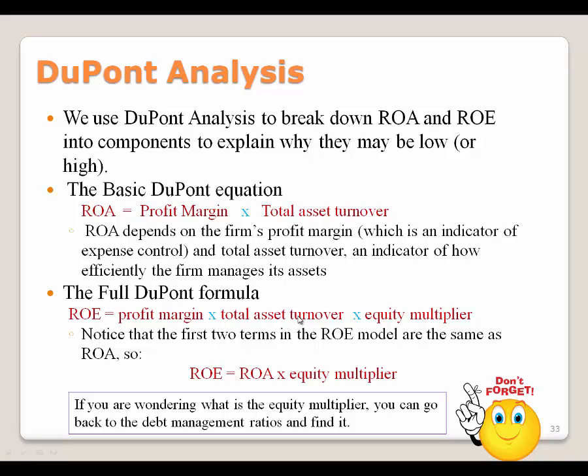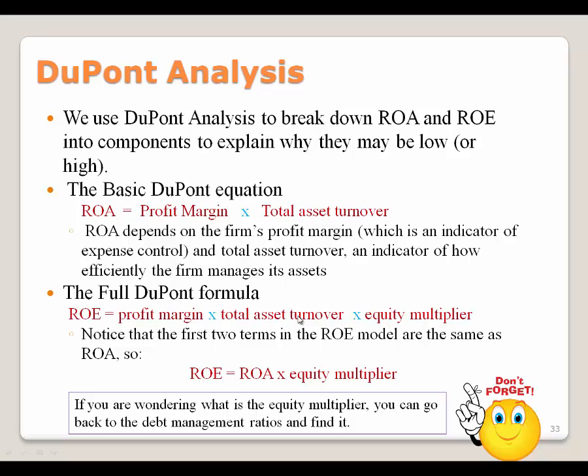The so-called full DuPont equation, or DuPont formula, is about ROE. So now ROE equals profit margin multiplied by total asset turnover and then multiplied by equity multiplier. To make sense of this, you can also write down the formula for profit margin, the formula for total asset turnover, and the formula for equity multiplier.